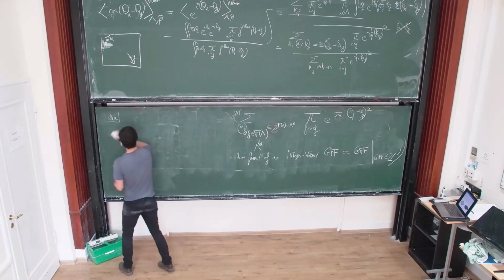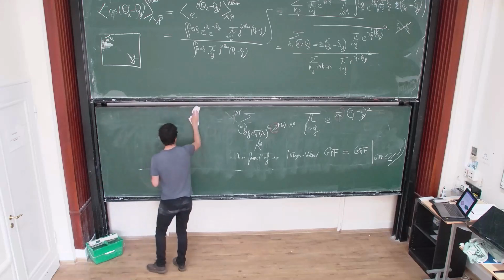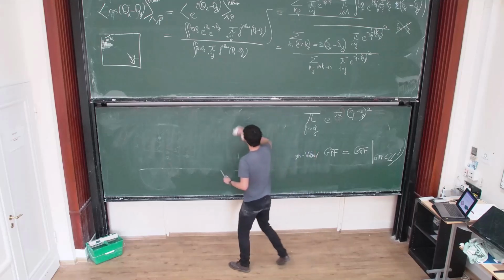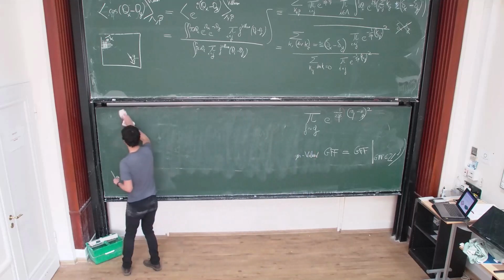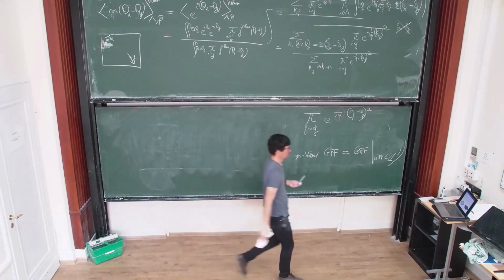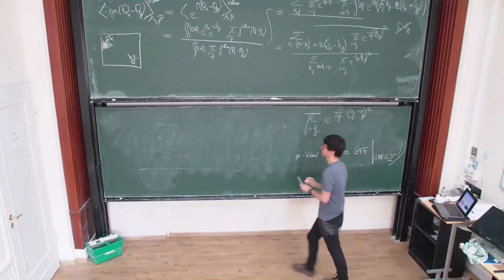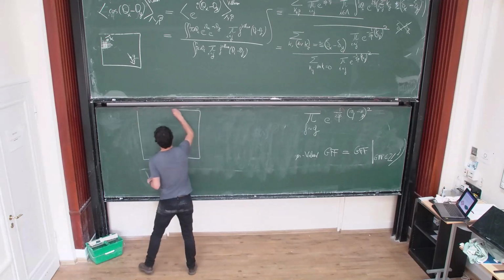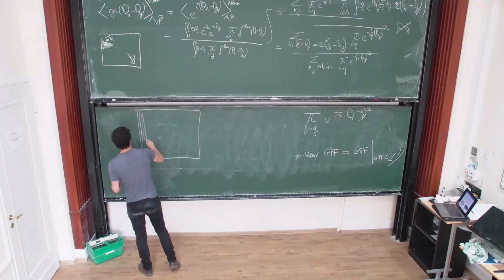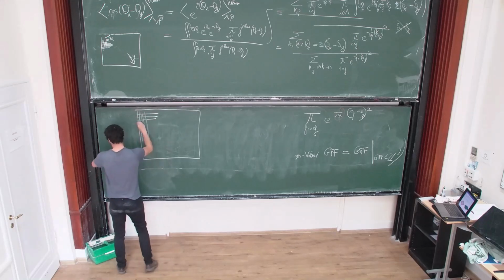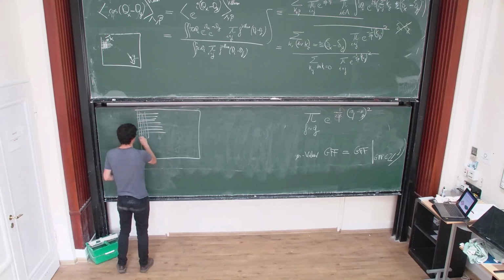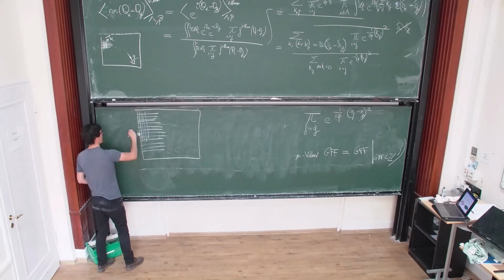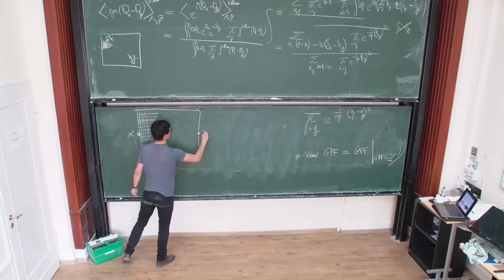So let's imagine that I have a big two-dimensional box, and I want to detect a change of behavior between x and y at the boundary. So let's take a huge 2D box. And let's make x here and y here.